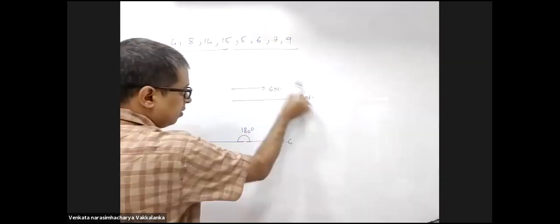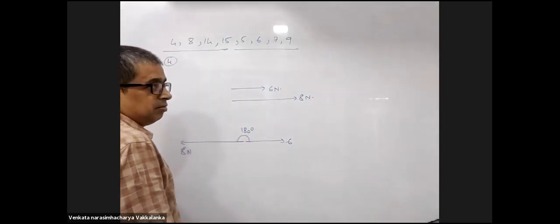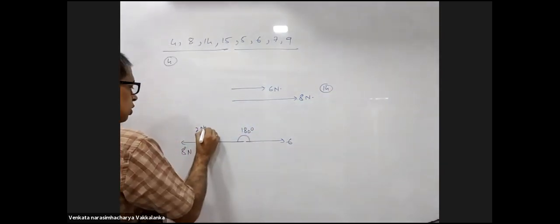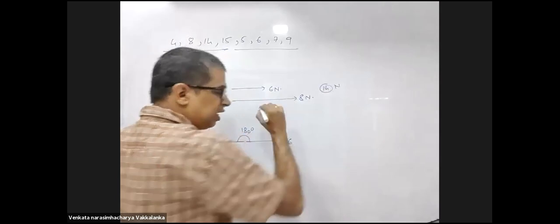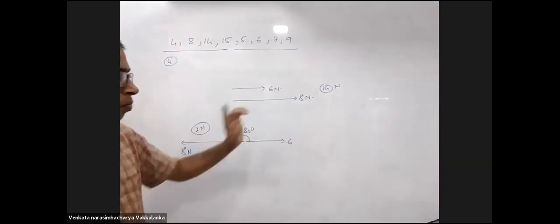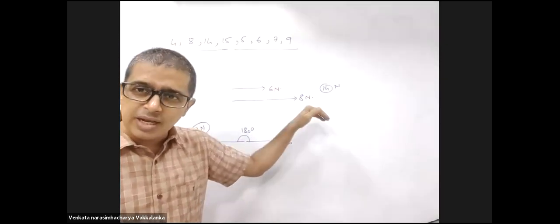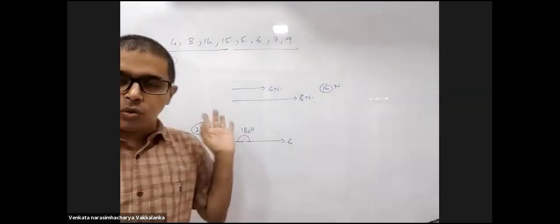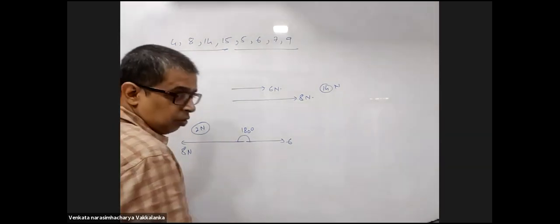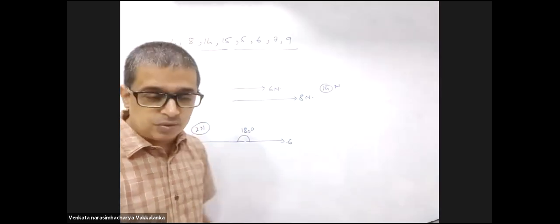So how much is 6 plus 8? 14 Newton to 2 Newton. My answer can be anywhere between 2 and 14. I can use these both forces at different angles to get an answer between 14 and 2. Yes or no? Yes. So all the options between 14 and 2 can be my answers.